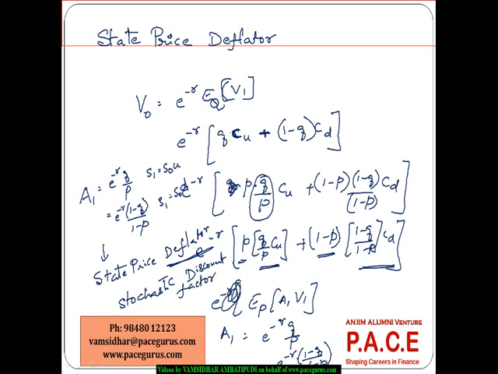So it simply comes out as the probability that the stock price goes up multiplied by the value of the derivative if the stock price goes up, plus the probability that the stock price goes down multiplied by the derivative's value when the price goes down. So whatever is the V0, it comes out as the real world probability measure expected value of A1 times V1.